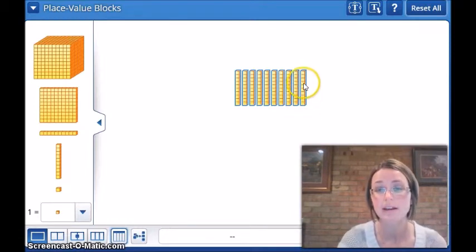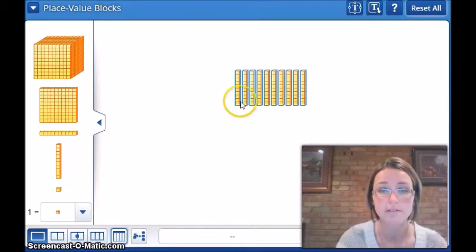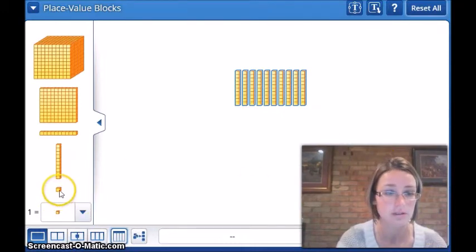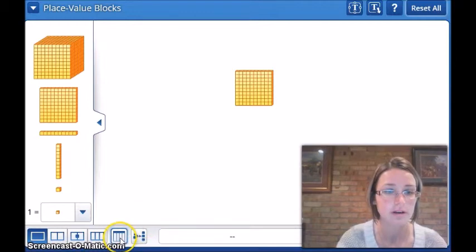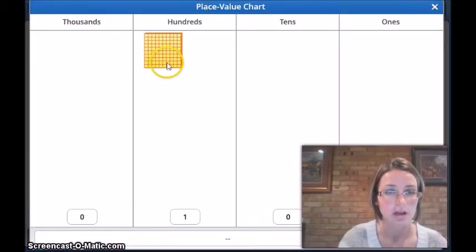So we could actually have counted by 10. Let's see. 10, 20, 30, 40, 50, 60, 70, 80, 90, 100. There are 100. So if there's 100 units there, there's 100 of these little one cubes. And we can glue it back together, and there's our 100 square again. Let's graph it on our chart. And there it is. There's our hundreds.